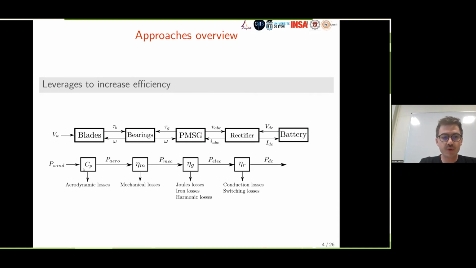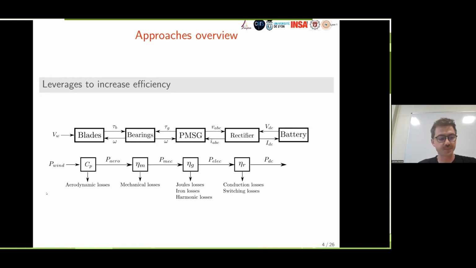If we model the efficiency of each of these elements, we have the Cp for the aerodynamic efficiency, the mechanical efficiency of the bearings, the electrical efficiency of the generator, and the electrical efficiency of the rectifier. All these efficiencies are related to losses.